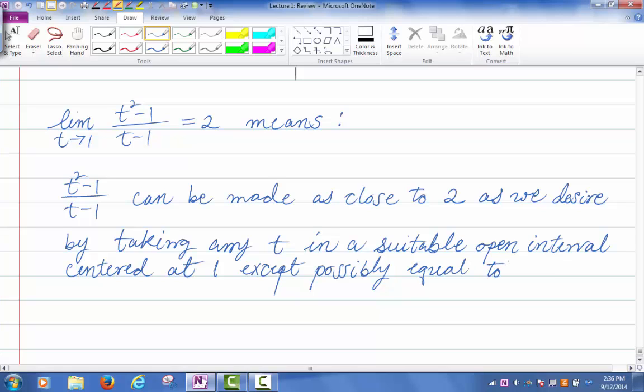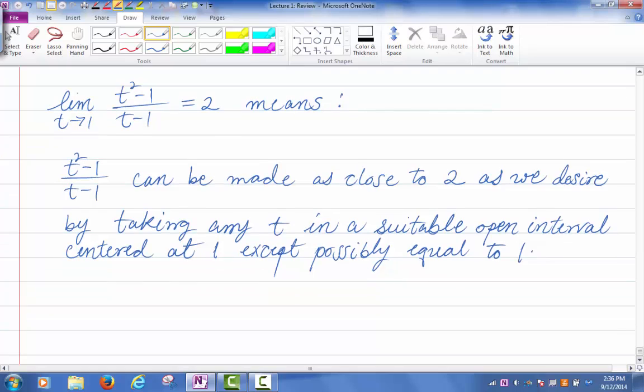Because when you take t to be equal to 1, the function is not even defined, so there is nothing to say. But we don't care what happens exactly at 1. What we care is what happens when t gets closer and closer to 1. And what we are saying is, we can make the ratio as close to 2 as I want to, simply by taking any t in a small enough interval centered at 1.